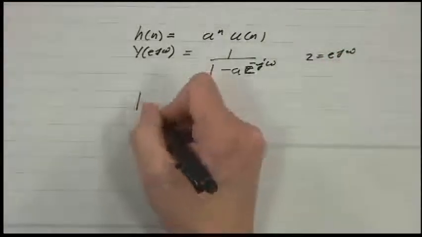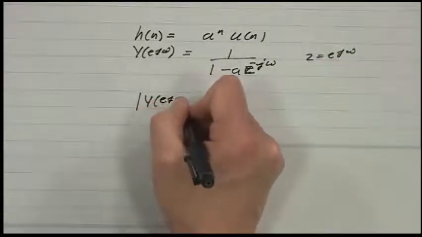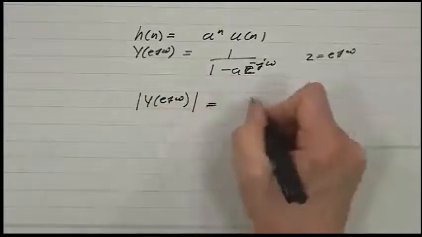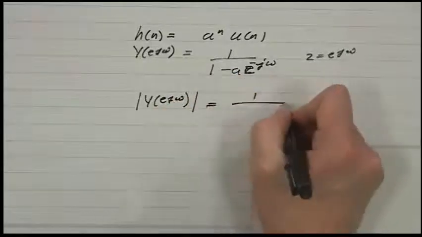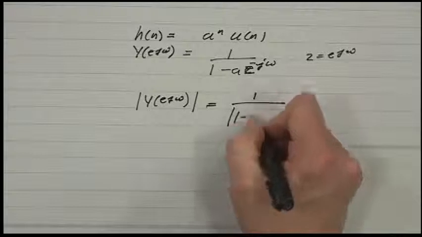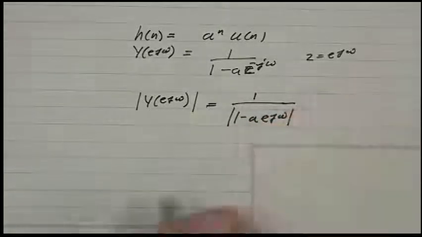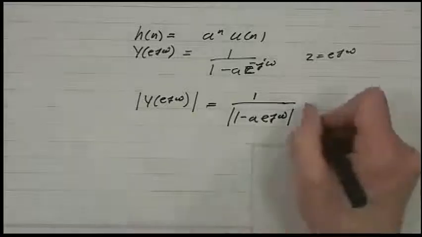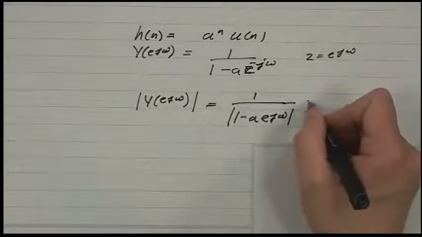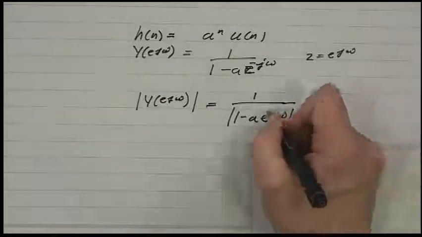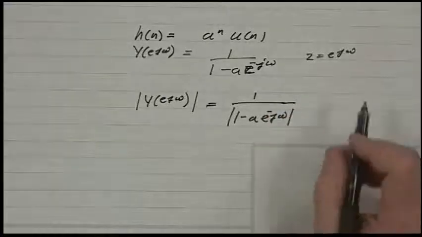Now if I take the magnitude of y of e to the j omega, that's equal to 1 over the magnitude of 1 minus a times e to the j omega, right? It doesn't matter, actually, complex conjugate. Yeah, but you're correct.